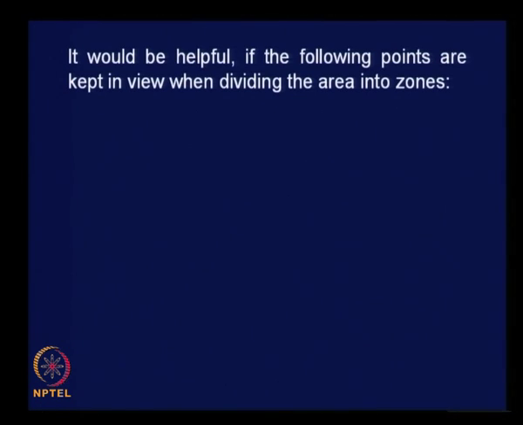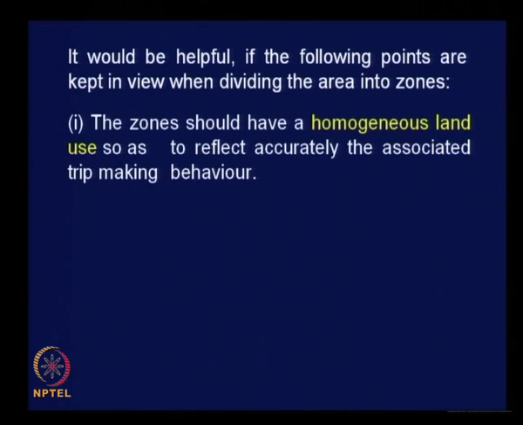And it would be helpful if the following points are kept in view when dividing the area into traffic zones. There are guidelines available to divide the urban area into traffic zones. First, the zones should have a homogeneous land use so as to reflect accurately the associated trip making behavior. It is a very important factor. Why should we have homogeneous land use? As you may recall, we have different types of land uses in urban areas, starting from residential, industrial, institutional, recreational, isn't it.